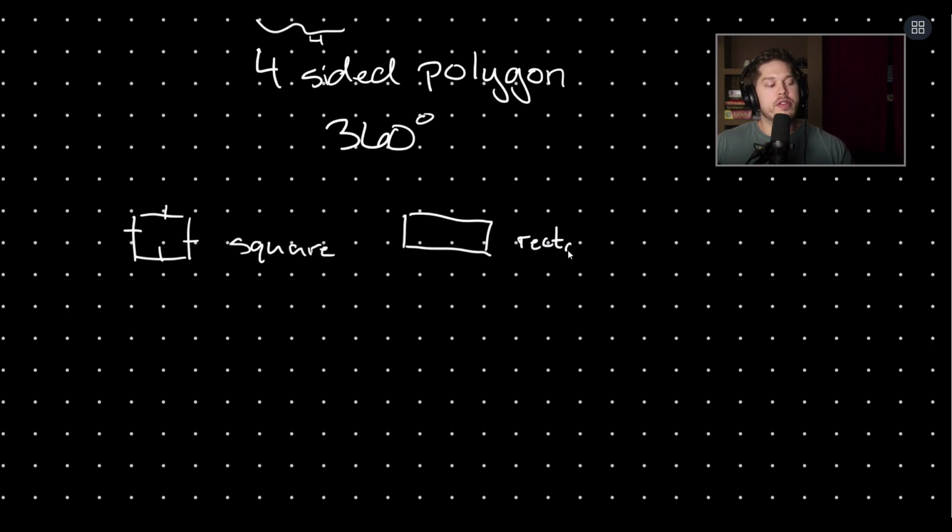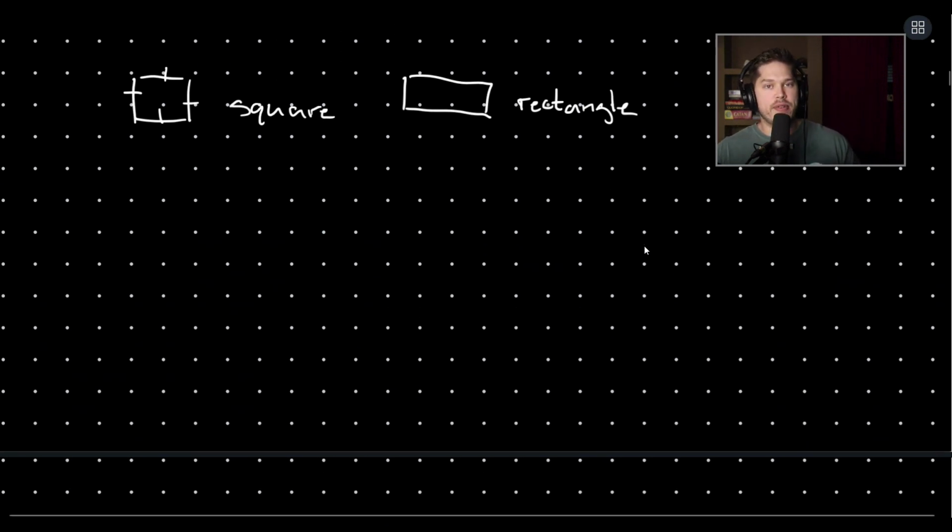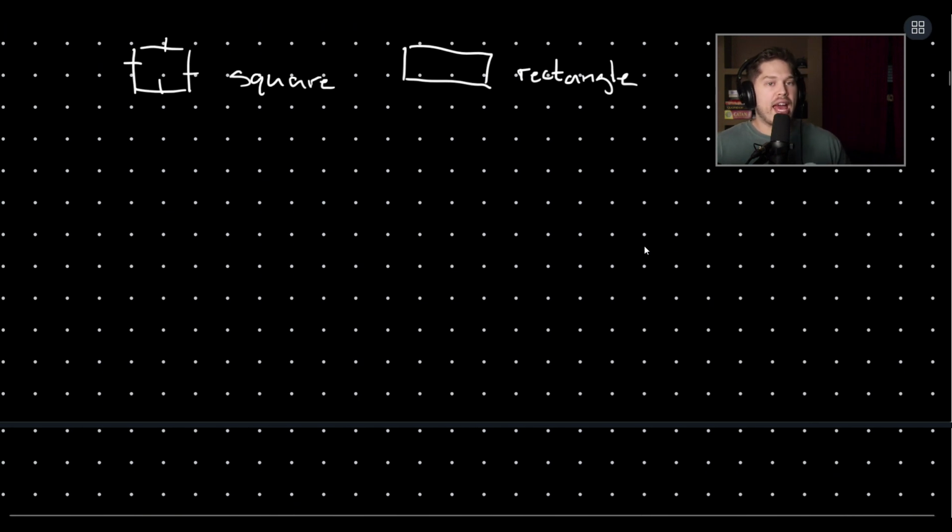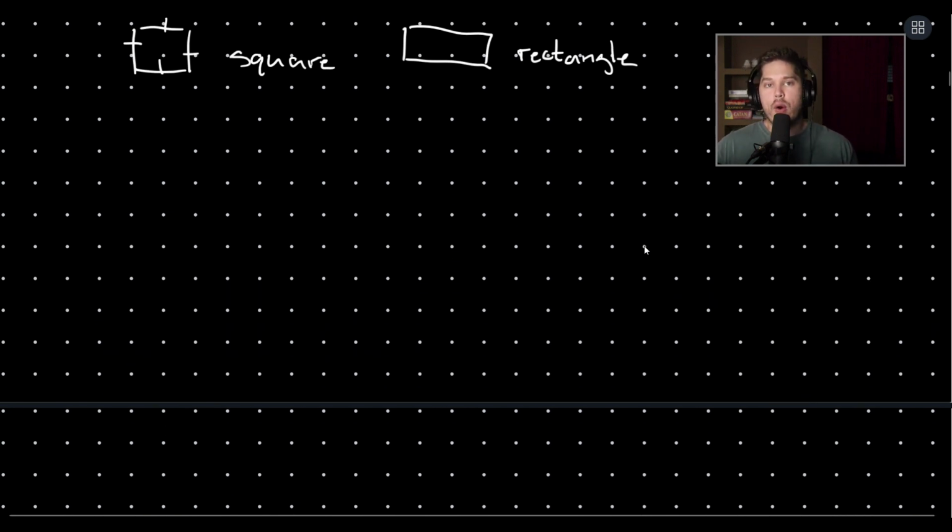But there's a lot of other quadrilaterals that you might not be familiar with, such as a rhombus or a trapezoid or a kite. So in today's video, we're going to be talking about all the different types of quadrilaterals, and we're going to show how we can categorize them. So quadrilaterals are typically put into three different types of categories.